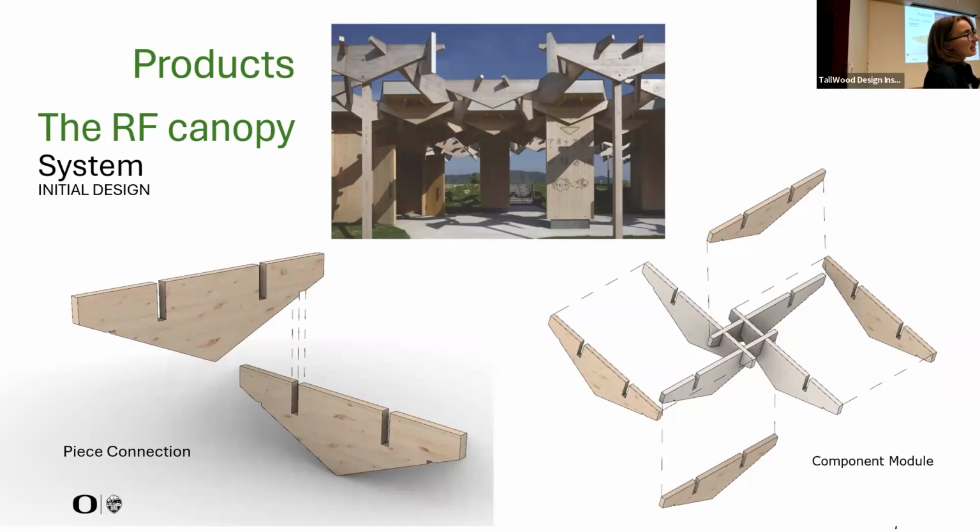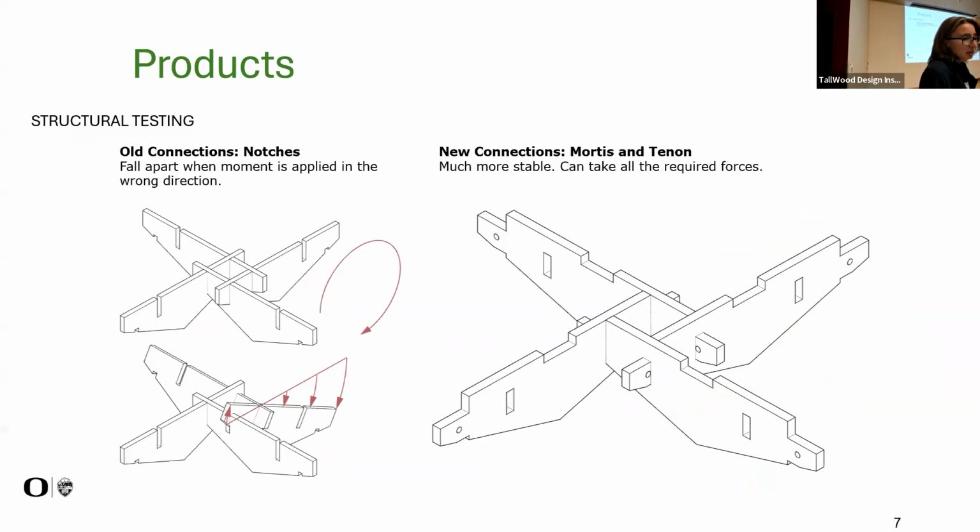We looked at different examples of reciprocal frame systems. The image at the center top is Kengo Kuma's museum roof, and students changed that system a little and adapted it to their needs and constraints, because they had very clear constraints for fabrication. They also changed the connection system from a half-lap notch to a tenon and mortise connection.